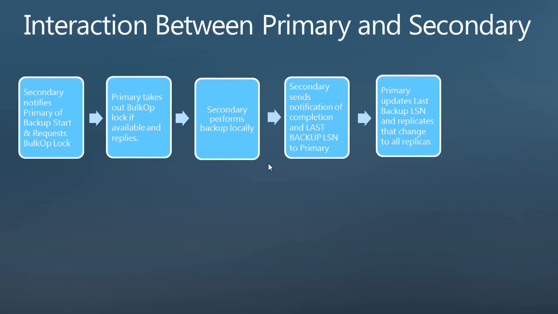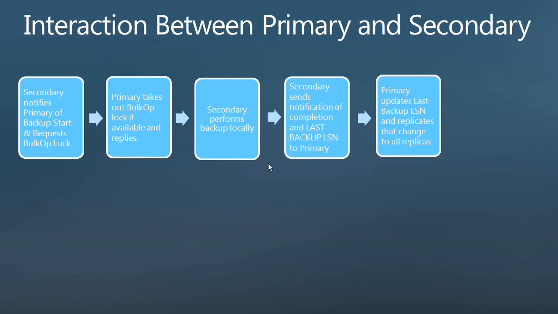So that update of the last backup LSN now gets made on the primary and replicated out onto all the secondaries. At the close of this operation, all of the secondaries have the same value for the last backup LSN. And the next time anyone does a log backup, it starts just past the last backup LSN, which everyone has the same view of.